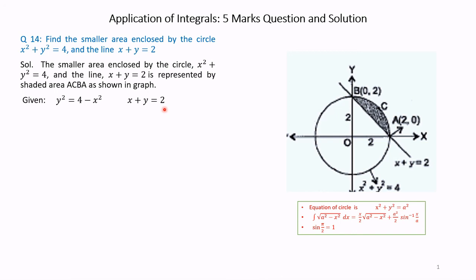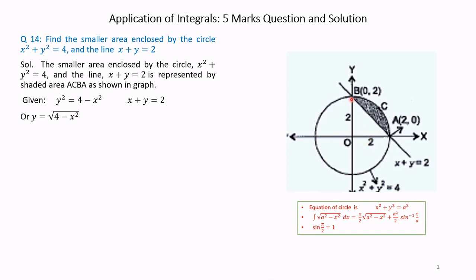The area enclosed by the circle x square plus y square is equal to 4 and x plus y is equal to 2 is represented by the shaded area in the graph. So this is the circle whose radius is 2. O is the origin, and a is the radius equal to 2.